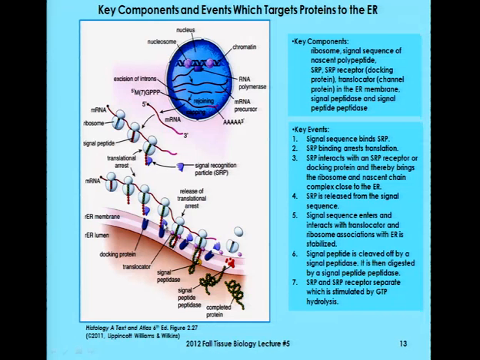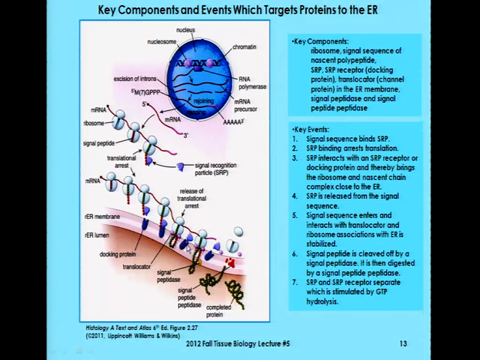Then there is a release of the signal recognition particle from the signal peptide, and then translation continues. So there's a release of translational arrest. There is a continuation of translation, and the signal peptide can then enter into the channel within the rough ER membrane. Once there's interaction of the signal peptide within the channel protein, then the ribosome is firmly attached to the rough ER membrane.